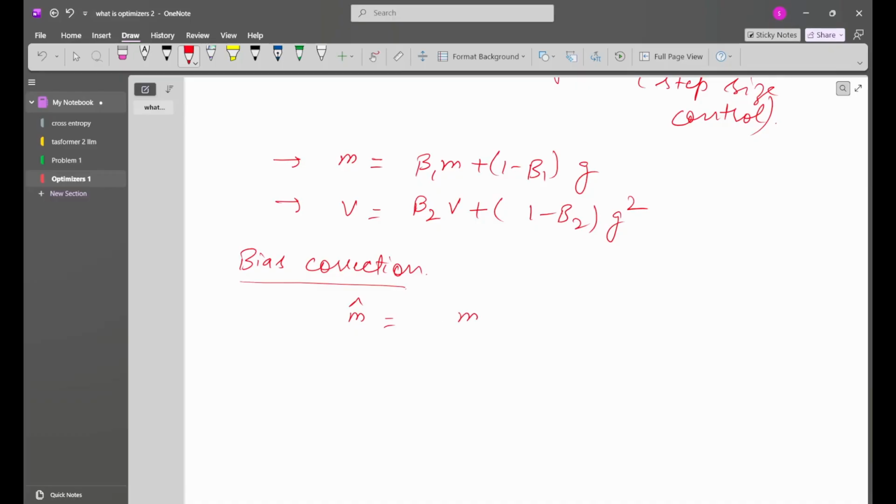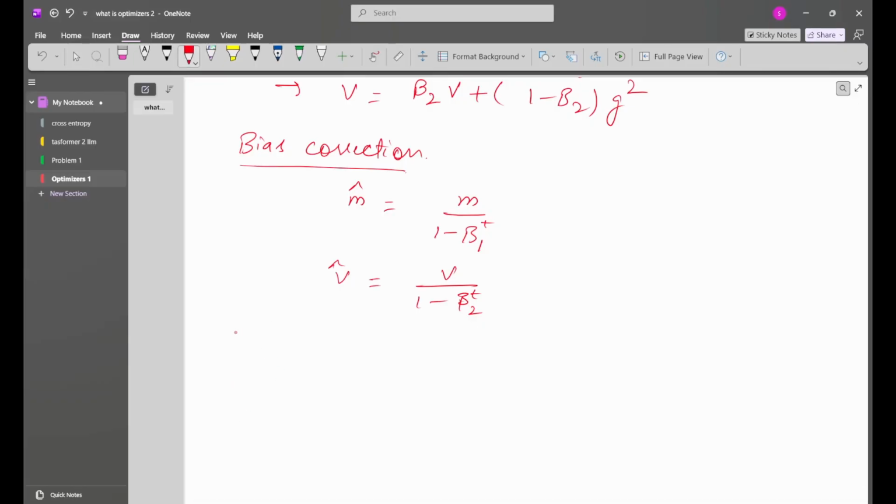We use the same M that we found here, M divided by 1 minus beta 1 to the power t, and there is a V cap, V divided by 1 minus beta 2 to the power t.